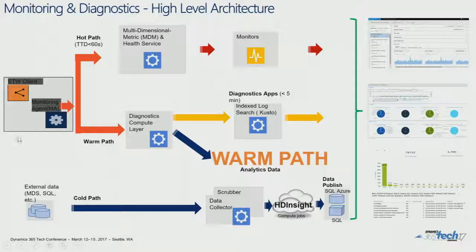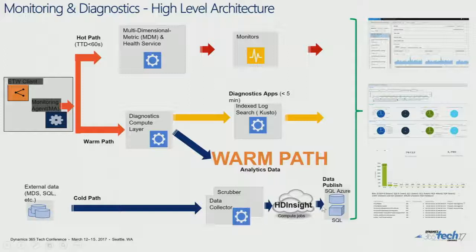And finally, the cold path. This is the slowest of all because it's not exposed to anyone. It's an internal thing which we use within Microsoft. It performs complex, large-scale analytics on operational data so that we understand how the business is running. We have many metrics and BI dashboards based on this data.